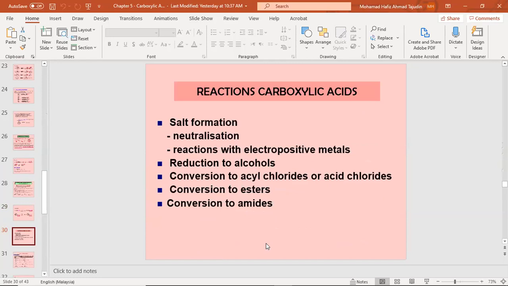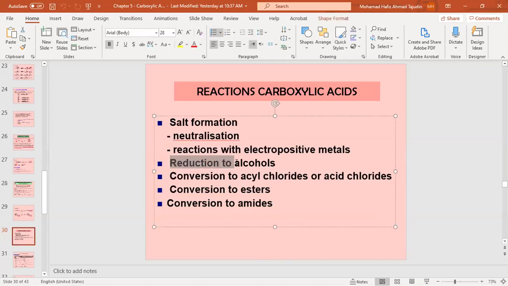Before we continue, we're going to take a 5-minute break. Cuma nak highlight a few things. Alright, we have salt formation. Okay, for the reaction, we have salt formation, we have reduction to alcohol. Reduction ni tadi, yang soalan ni tadi, yang telah kita tengok tadi sebentar tadi. Contoh soalan daripada Oktober 2010. Conversion to acid chloride, conversion to ester, conversion to amide.